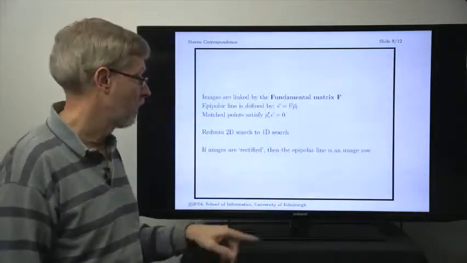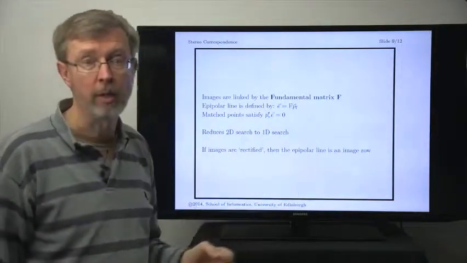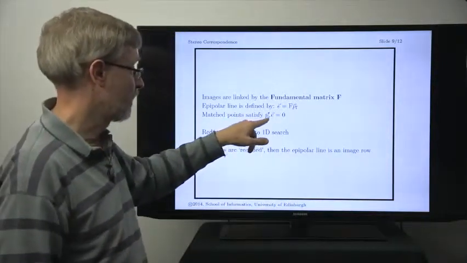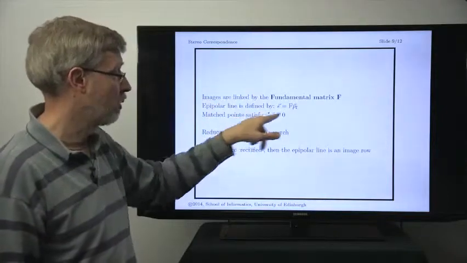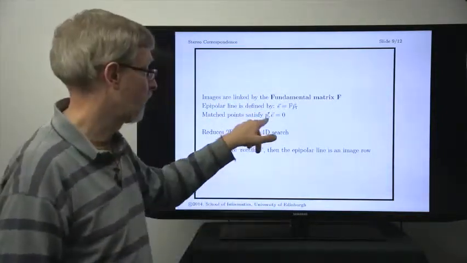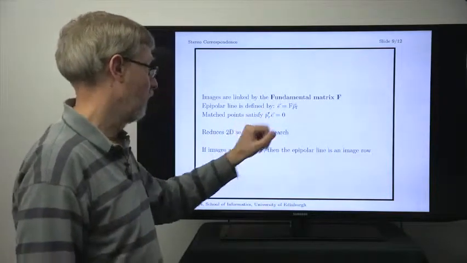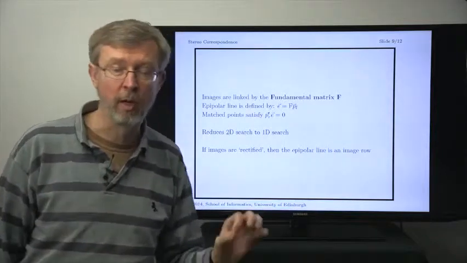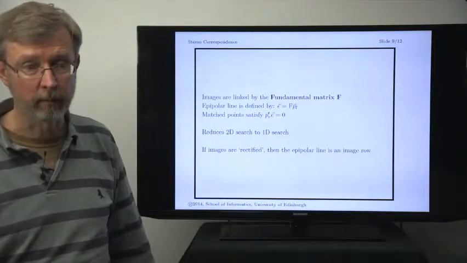With that line, we can look for points that are near it, and they have to satisfy this constraint right here. If the 2 points are matched, you'll remember from the fundamental equation that the product has to be equal to 0, or something very close to 0 because of image data. It never works out exactly as 0.